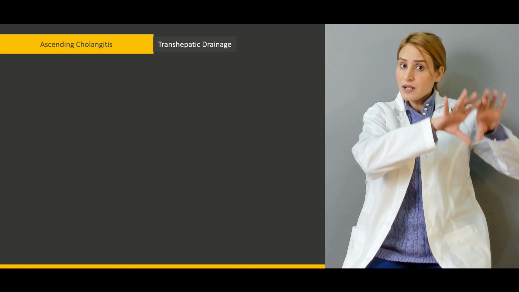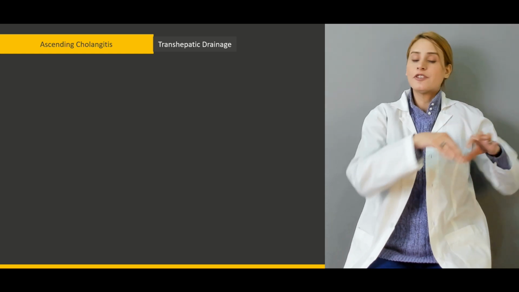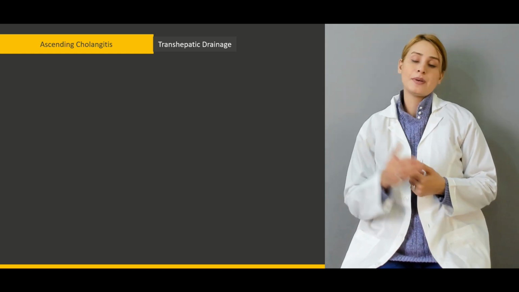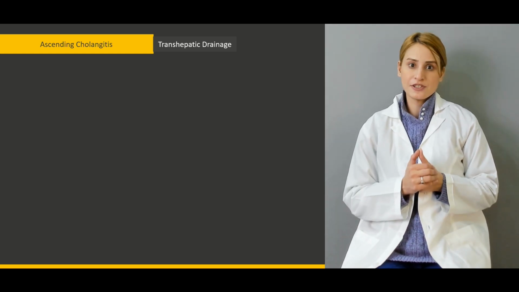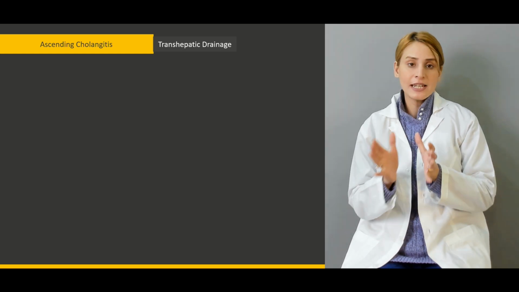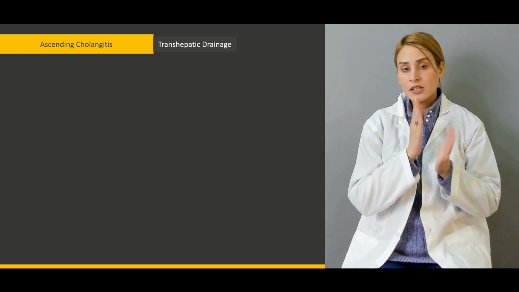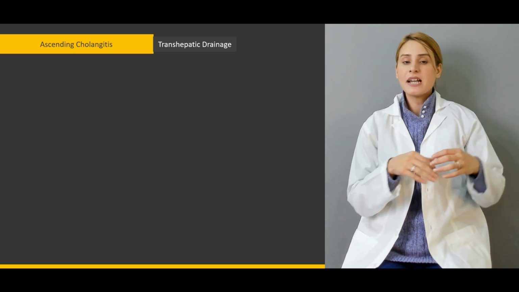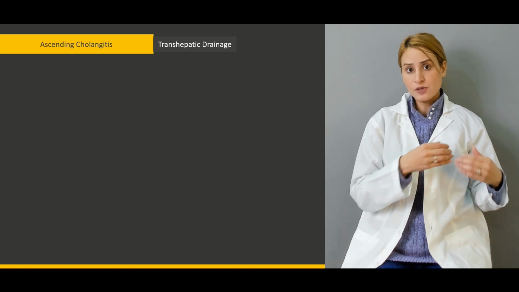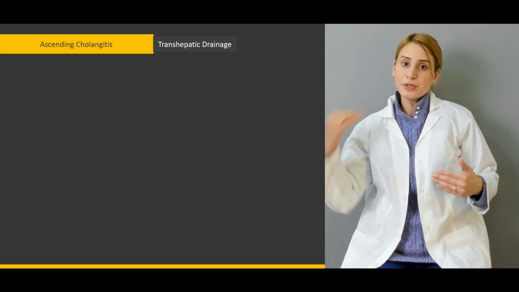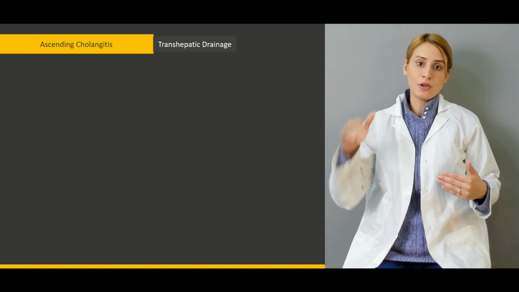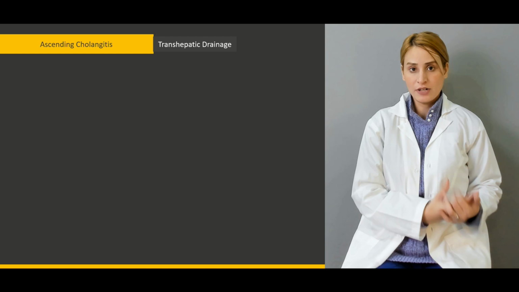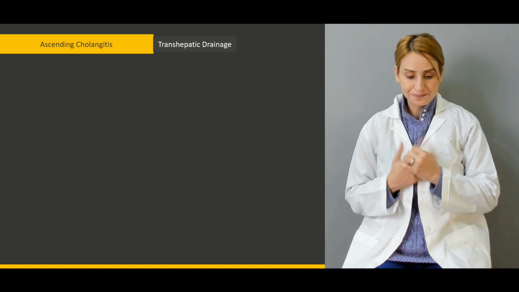In case of a proximal obstruction in the common bile duct, a nasogastric tube wouldn't be that effective because the bile drains into the duodenum. In a distal obstruction, if you put the nasogastric tube all the way, it can drain in a very effective manner compared to the proximal obstruction.